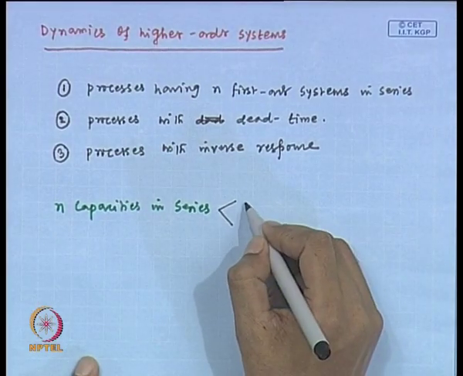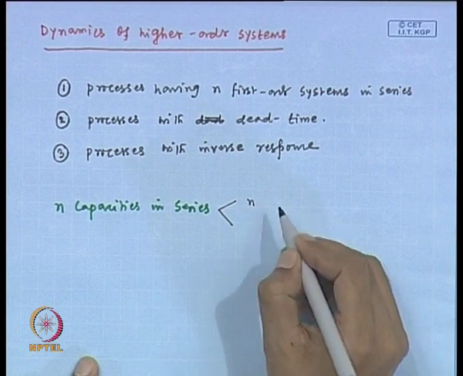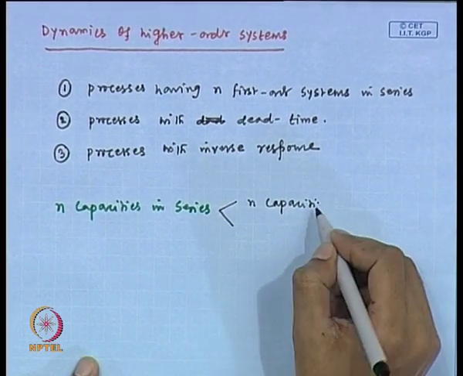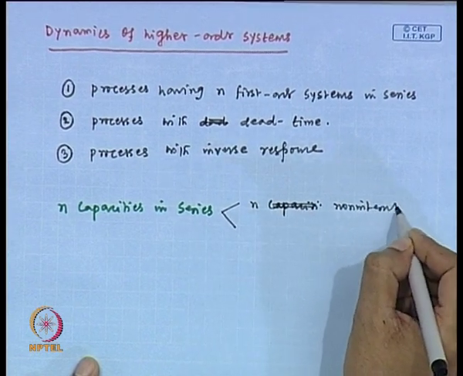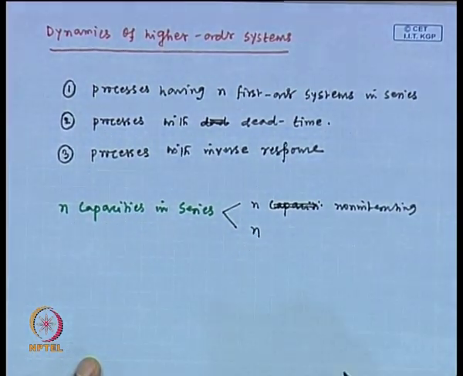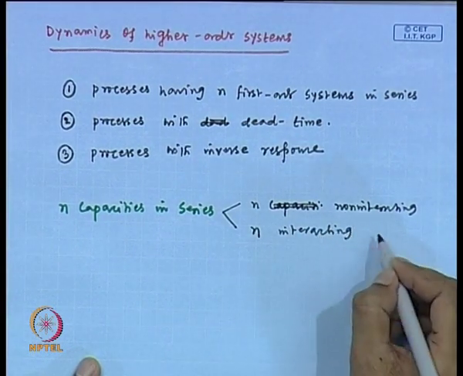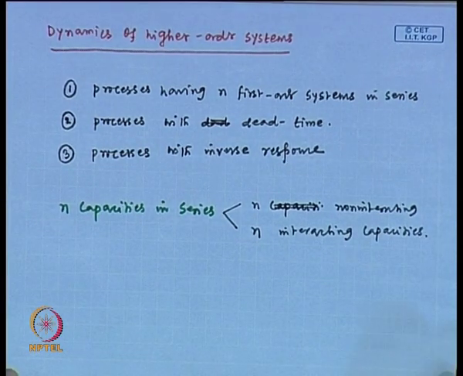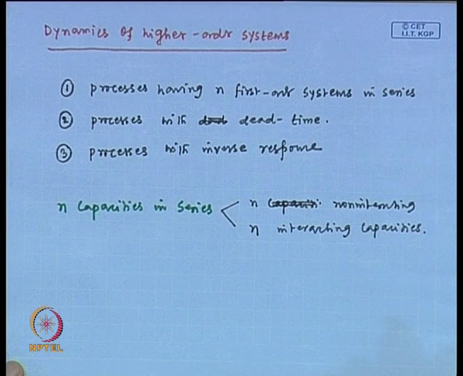So if we consider n non-interacting capacities, then we need to connect n first order systems in series.